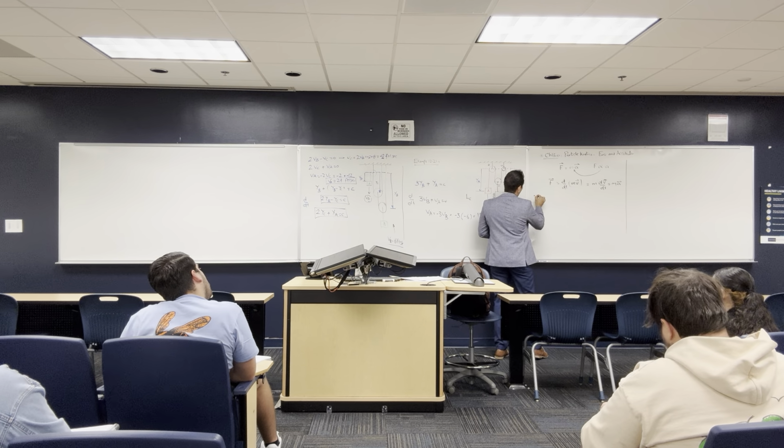Okay, so G, the universal constant of gravitation, is equal to 66.73 multiplied by 10 to the power negative 12, and this quantity is in meter cubed per kilogram per second squared.